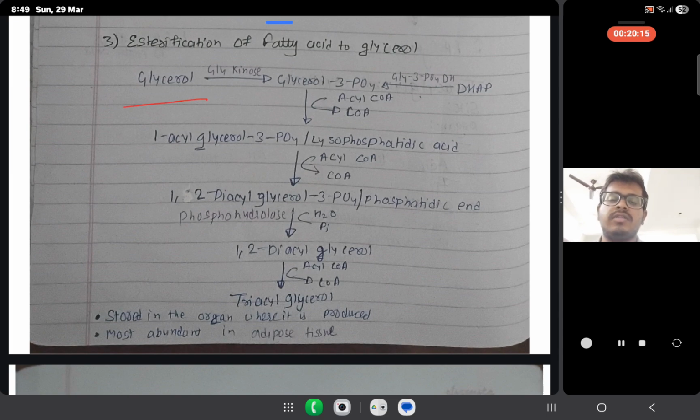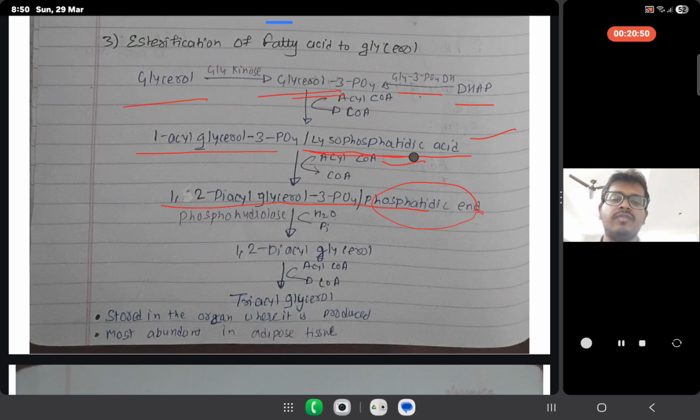Glycerol is converted to glycerol 3-phosphate by glycerol kinase, and DHAP is converted to glycerol 3-phosphate in presence of glycerol 3-phosphate dehydrogenase. Glycerol 3-phosphate is converted to 1-acyl glycerol 3-phosphate, lysophosphatidic acid, in presence of acyl coenzyme A. It is converted to 1,2-diacylglycerol 3-phosphate, or we can say phosphatidic acid.